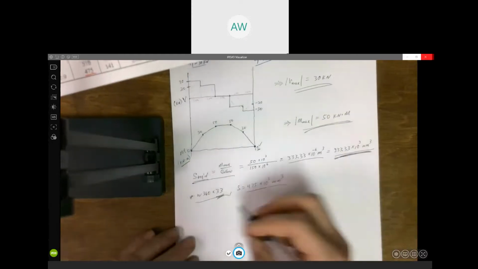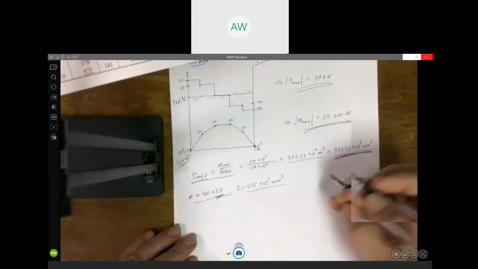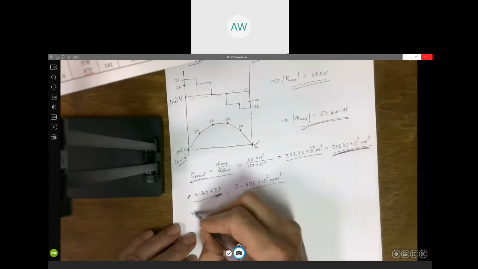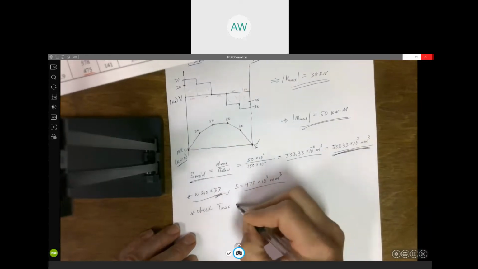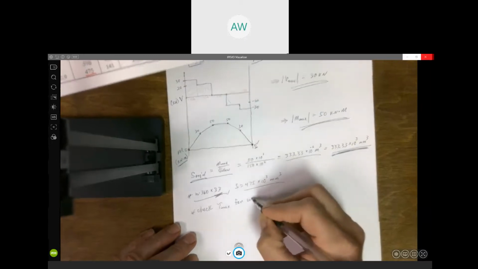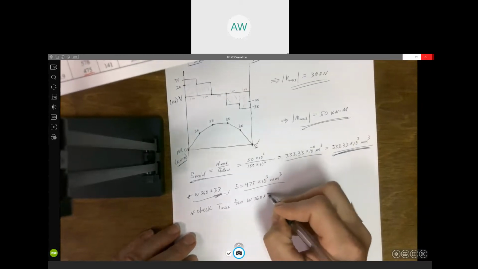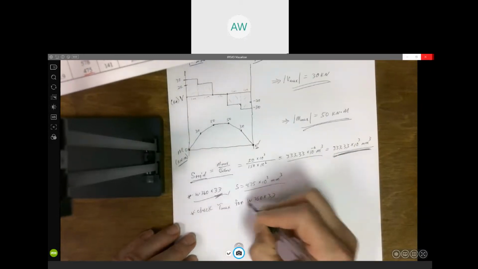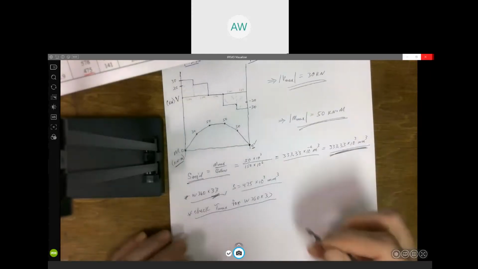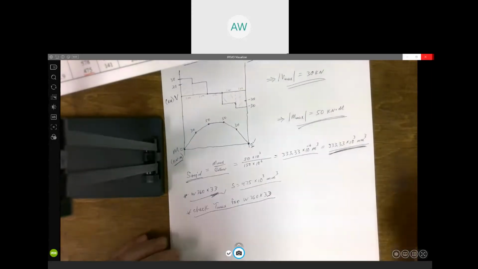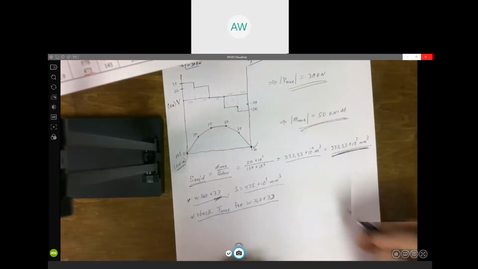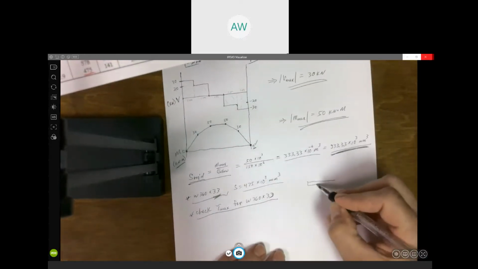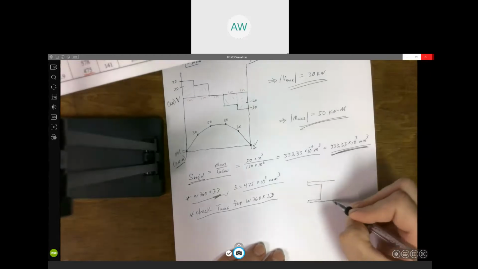So what I want to do now is we need to check what tau max is for this W360 by 33. That's the one we chose. Let's make sure that beam, we don't exceed our allowable shear stress. Now, here's where we're going to use that approximation.